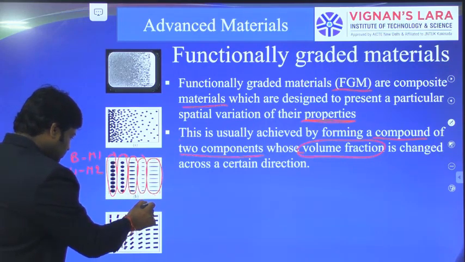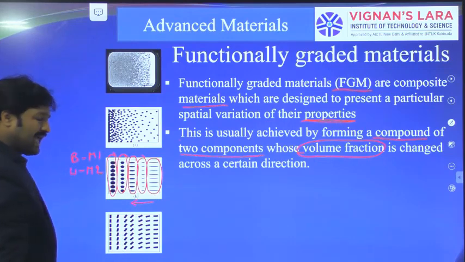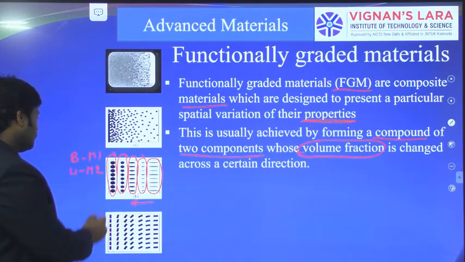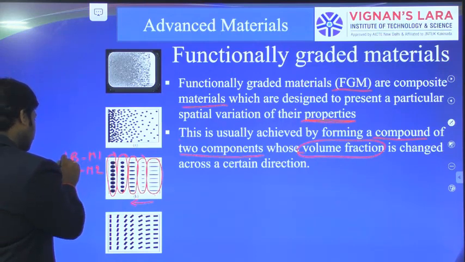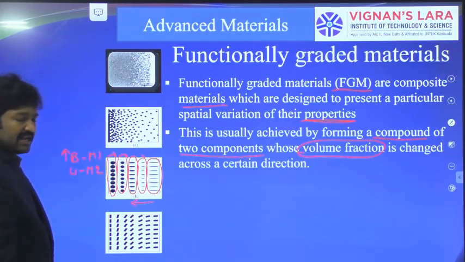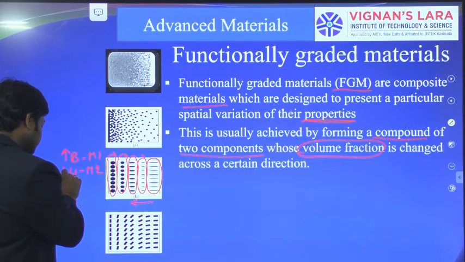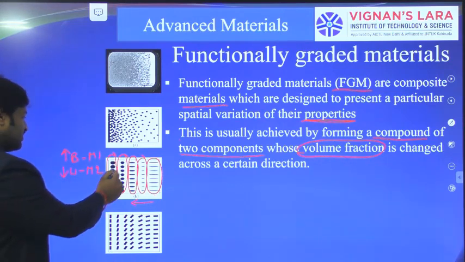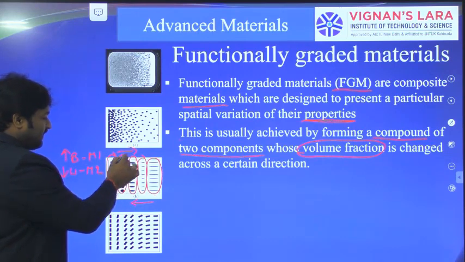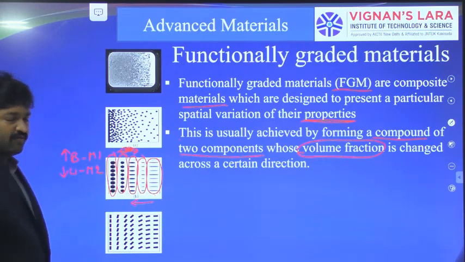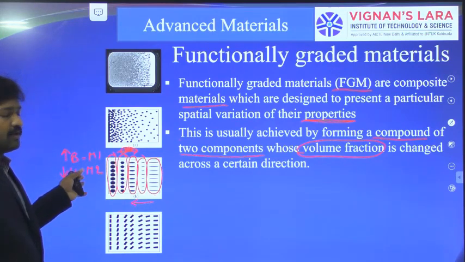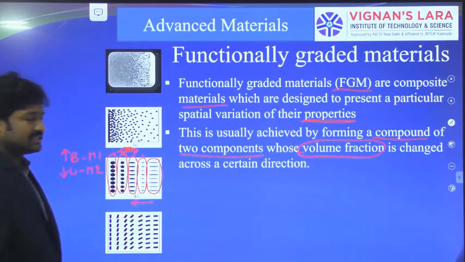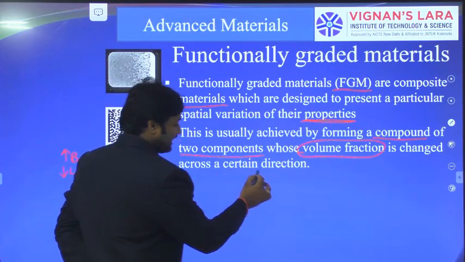From this direction to this direction, the volume of black material 1 is increasing, whereas the volume of material 2 is decreasing, or vice versa if you go in the other direction. So the volume fraction is changing along a certain direction.